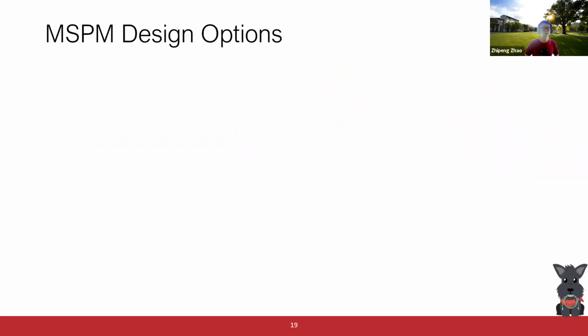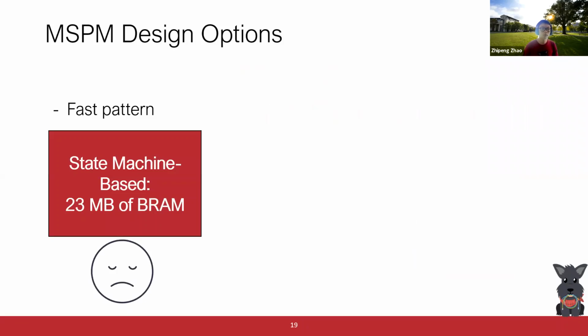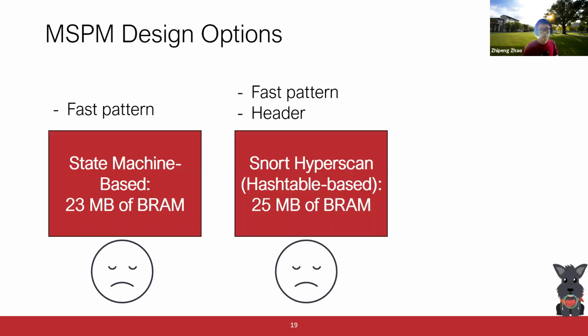So now let's take a look at the design options we have. Most prior work was based on state machines. Basically, we take the stream patterns and generate a non-deterministic or deterministic finite automaton to do the pattern matching. If we just apply the tens of thousands of fast patterns, it would take 23 megabytes of VRAM. Another approach would be to map the high performance Hyperscan literal matching engine from software to FPGA, which is a hash table based solution.